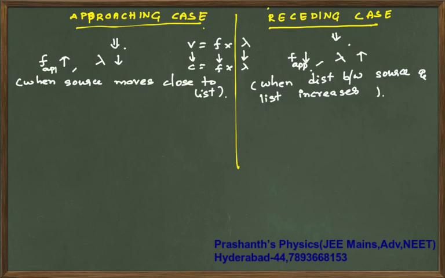When the distance between source and listener decreases, the apparent frequency will increase and wavelength will decrease. So this you have already seen clearly in sound waves. Now in light waves also the same logic.